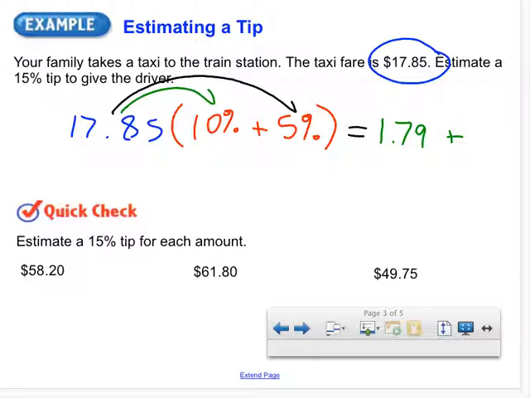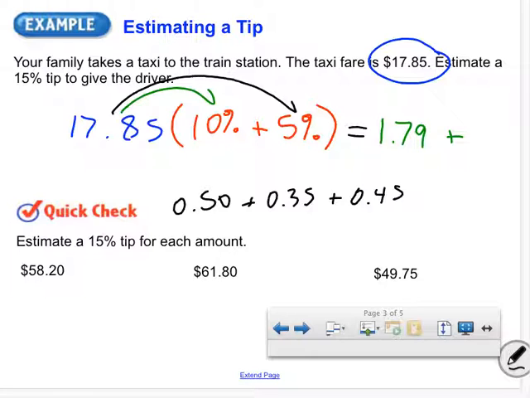Half of 70 is how much? 35. So let me just tally all this up. So we got 50 cents. Half of 70 cents is 35. And then half of 9 cents is 4.5, right? Half of 9. Okay, so we put all that together.